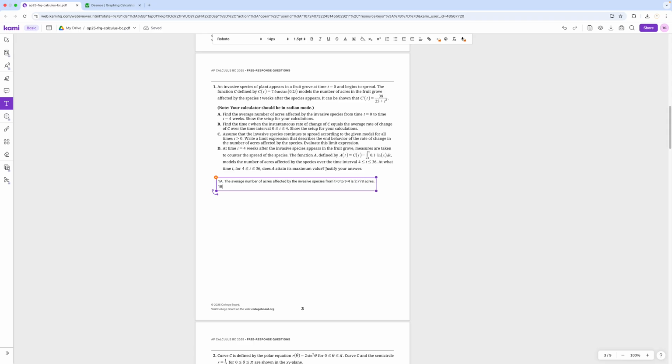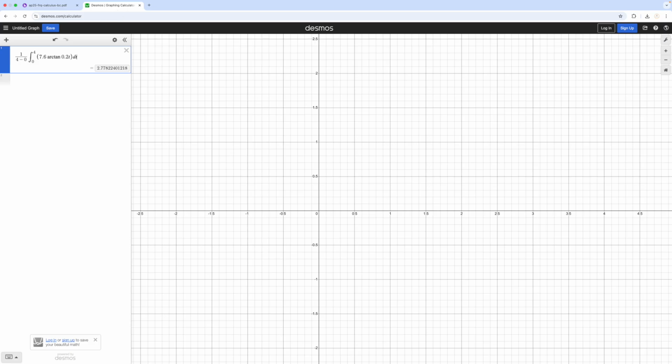Now we have 1b. Find the time when the instantaneous rate of change of C equals the average rate of change of C over this interval. So how do we find the average rate of change of C? What we're going to do here is write C of x is equal to the integral, removing the dt and writing x.